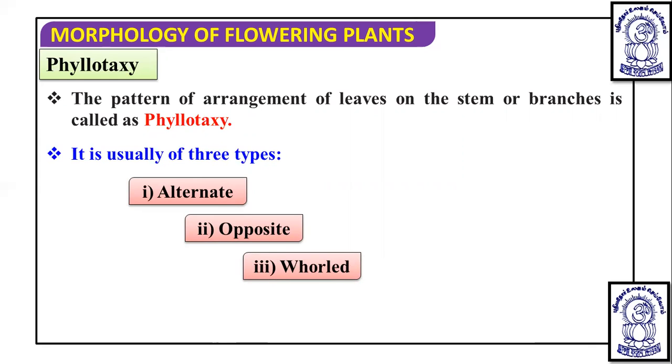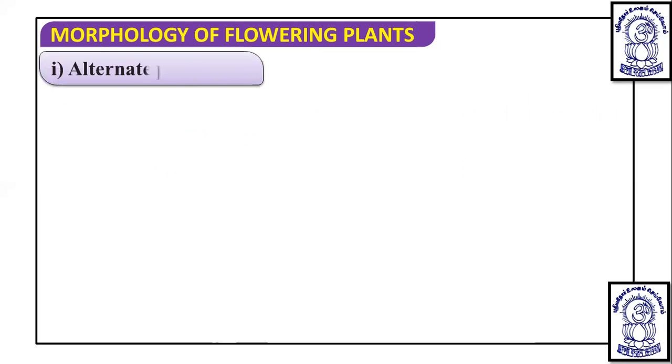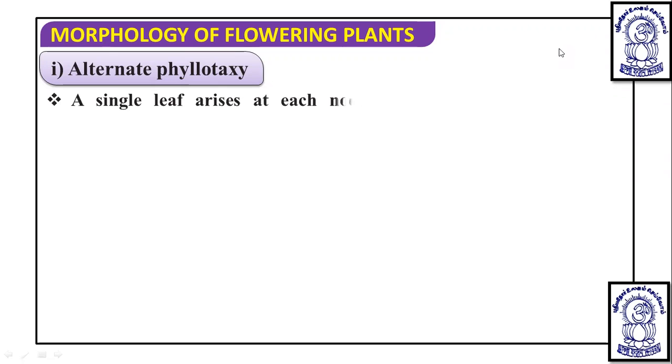Now let's talk about these three types of phyllotaxy one by one. First we are going to talk about alternate phyllotaxy. In this phyllotaxy, at each node you will find the presence of a single leaf, which arises in an alternate fashion to the previous one.